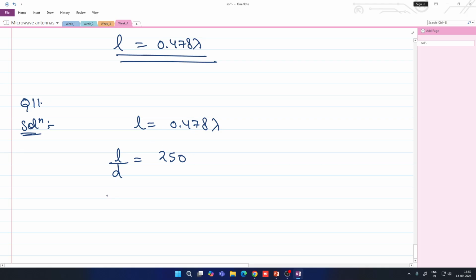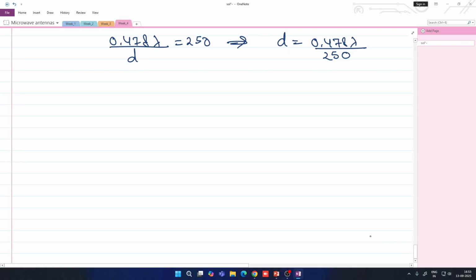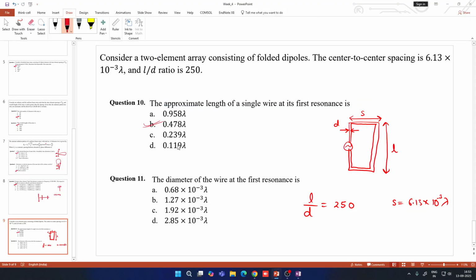If we substitute L here, because we have to find the diameter D, D will be equal to 0.478 lambda divided by 250. When we solve this, D comes out to be approximately 1.92 times 10 to the power minus 3 lambda. So if you match it with the given options, the correct option here is C.